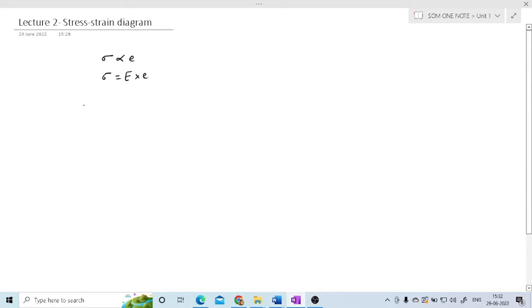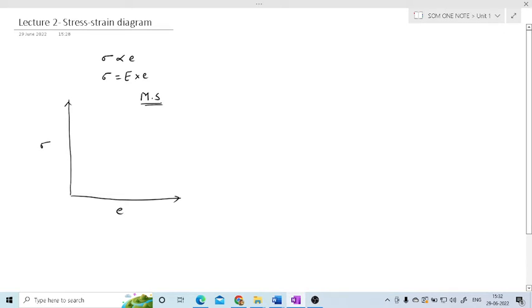So if I plot the graph of stress against strain, with stress on the y-axis and strain on the x-axis, then for mild steel material, here I am going to write MS, that is mild steel material.